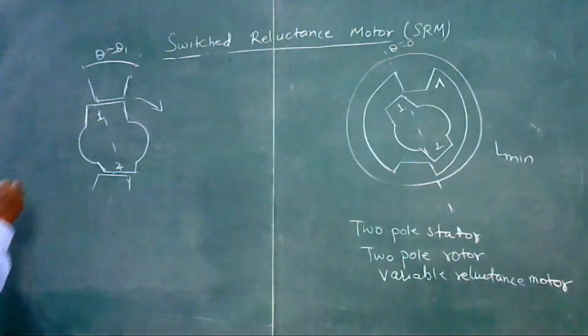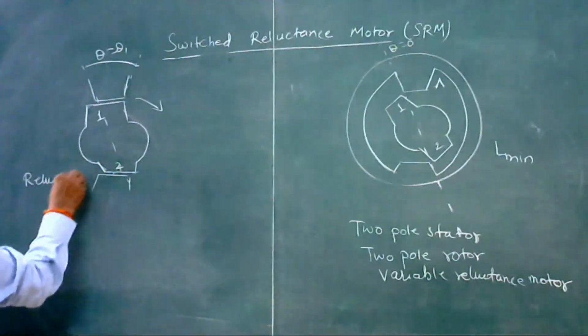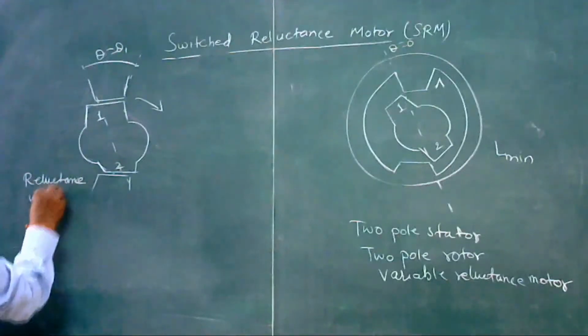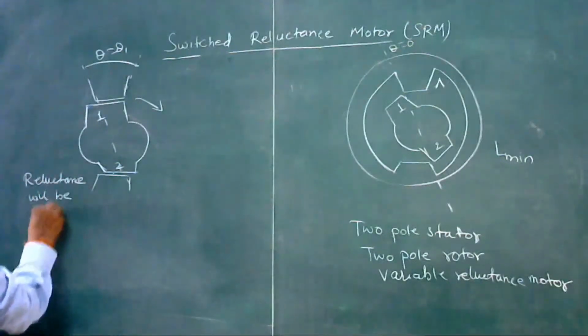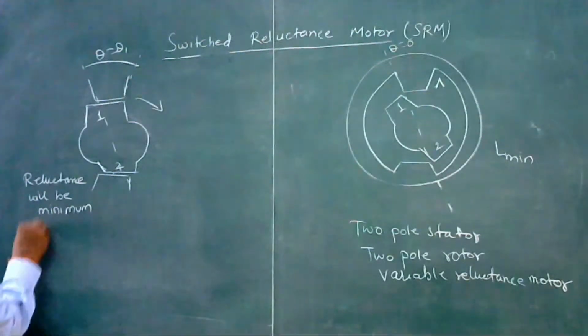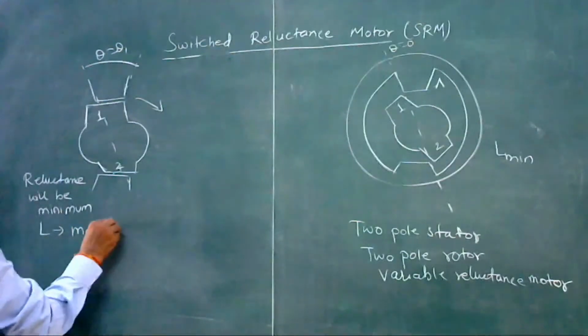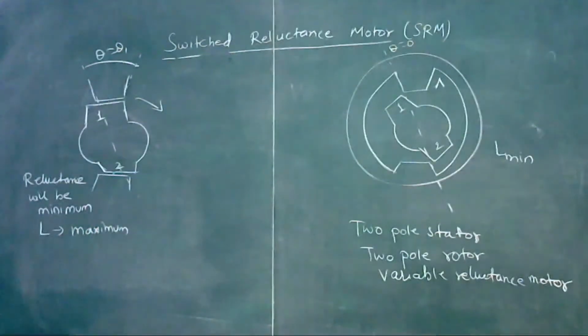So here reluctance will be minimum, therefore L will be maximum. Okay, so here L will be maximum.